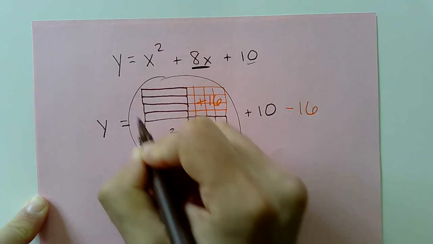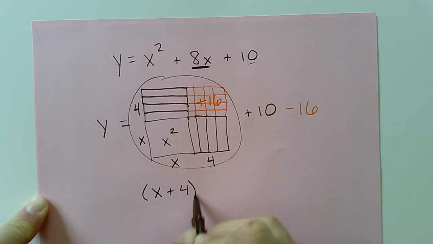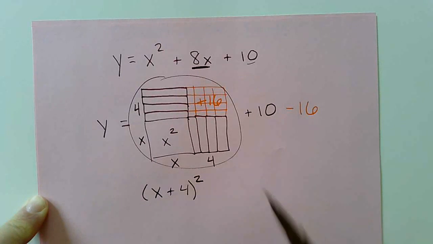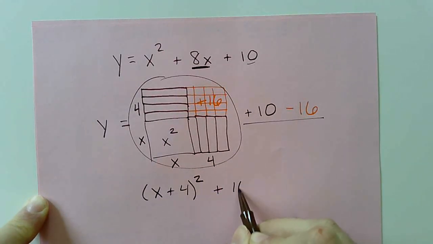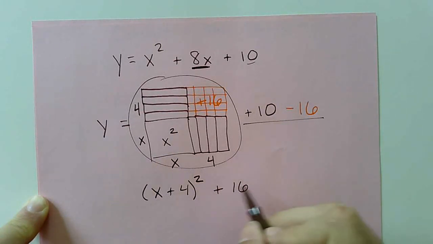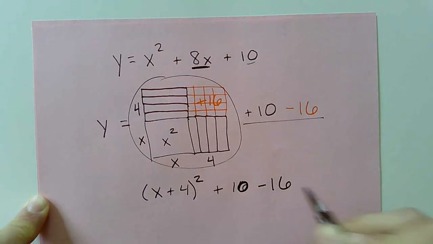And since I completed a square, just like before, I have x plus 4 squared. Remember, x plus 4 times x plus 4. And now back here, I would have plus 16. Whoa, not plus 16. I would have plus 10 minus 16.